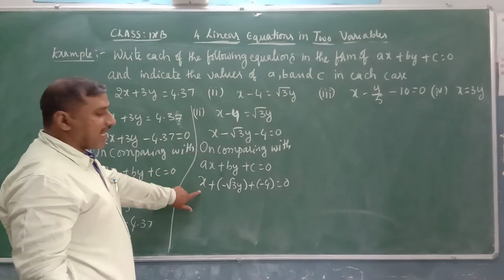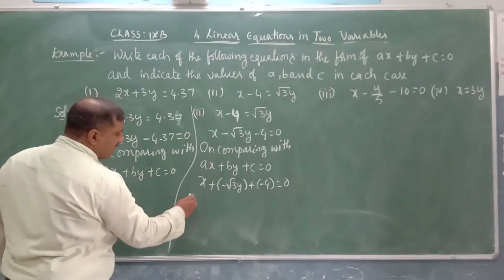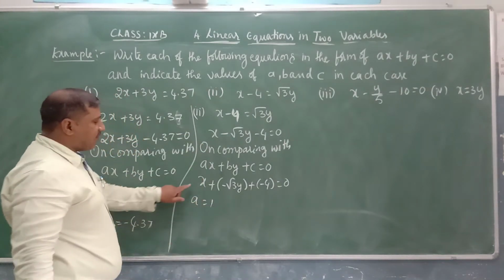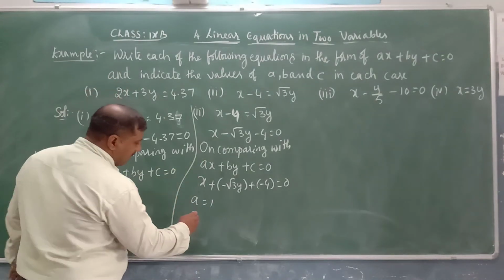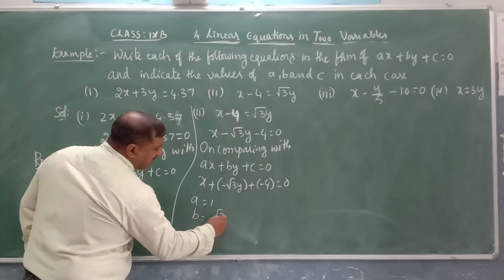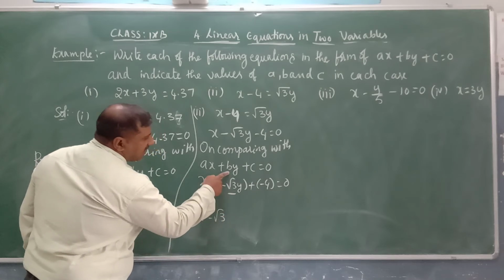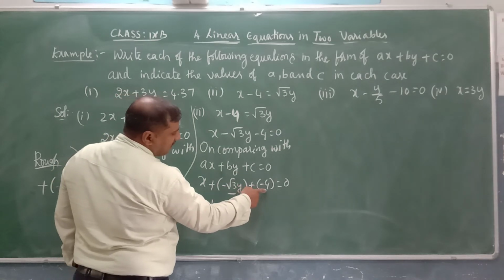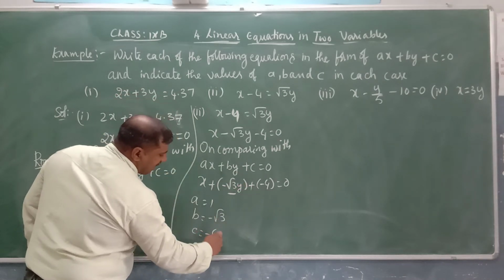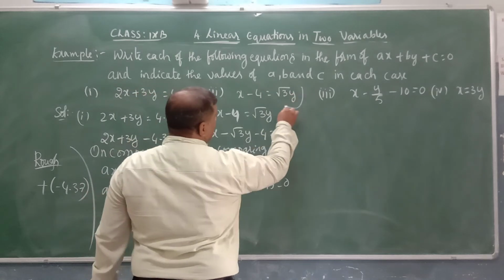Now we compare. A is equal to the x coefficient. Here there is no number, which means it is 1. Therefore a is equal to 1 and b is equal to minus root 3, that is the y coefficient, and c is the constant, that is minus 4.